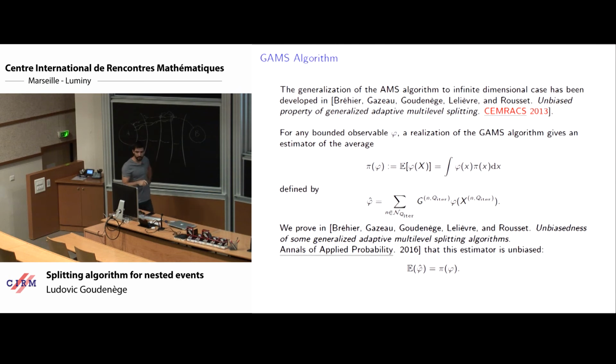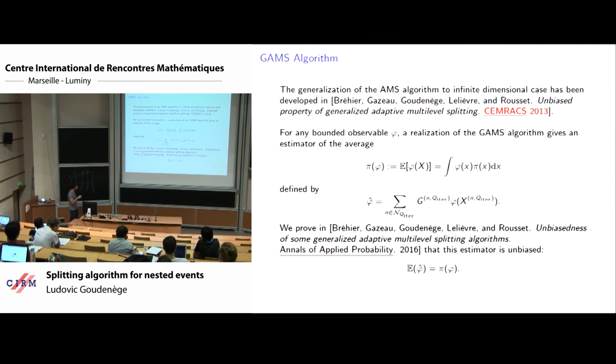So you have a good property for the estimator: you don't have some bias in the estimation. And second thing, you can compute something like that. Okay, you want to compute some expectation of some functional of the trajectory. Okay, this quantity, and in fact, you can define an estimator for this quantity given phi.